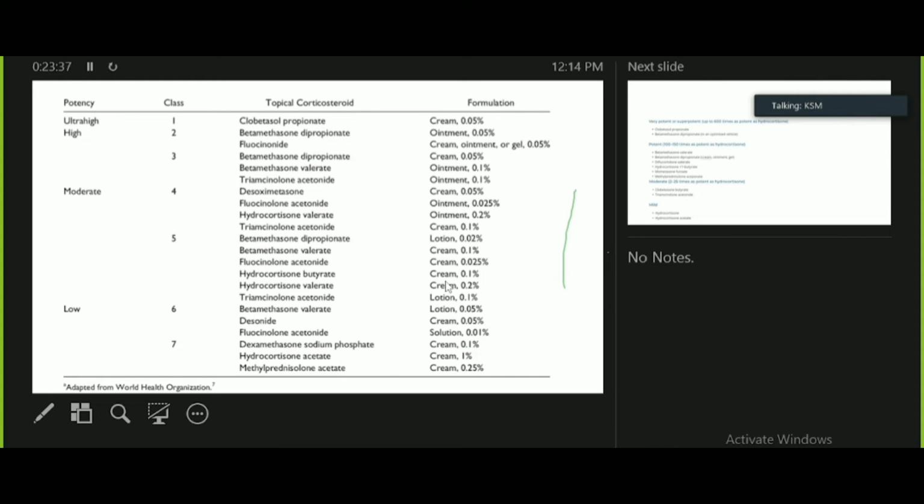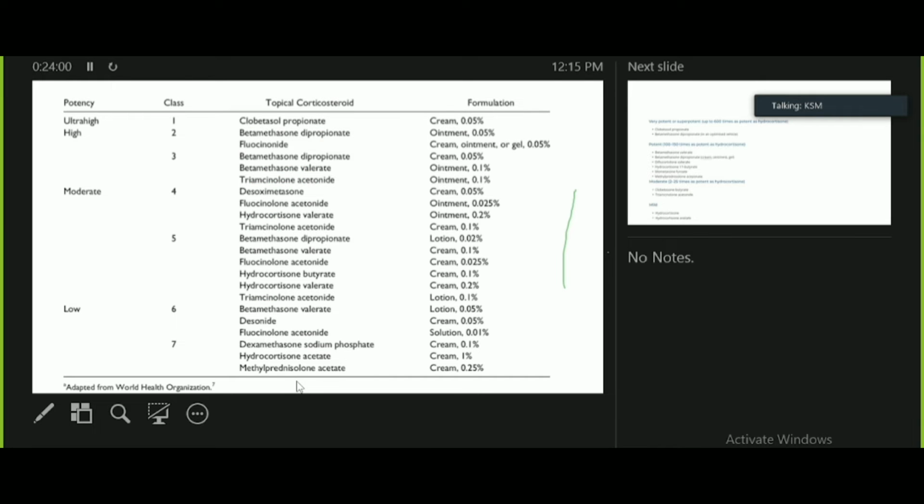So this is the potency guide given by WHO. There are 7 classes of steroids. Ultra high or super potent steroids like clobetasol propionate in the top, and in the bottom the weakest one, hydrocortisone 1%. So in between there are lots of steroids.